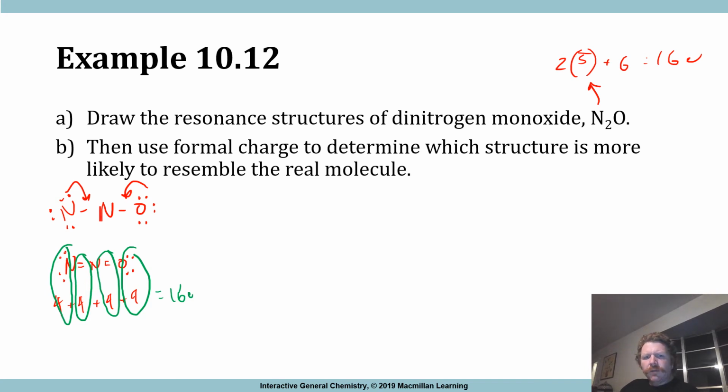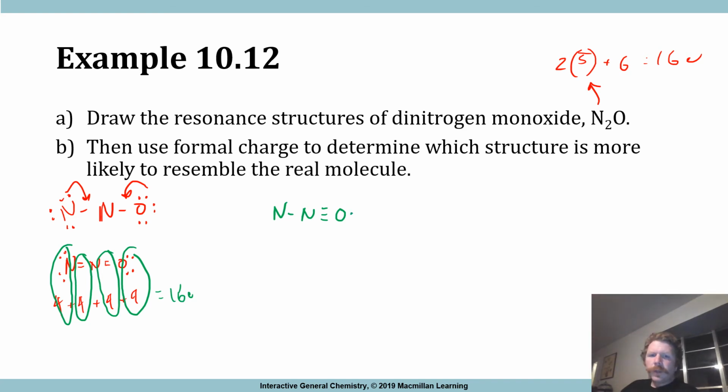That's all good and well, and that's one reasonable way to draw this molecule, but following a little bit of a different idea, let's see if we could position things a little bit differently. Here what I've done is I drew 1 shared pair of electrons between my 2 nitrogens, and 3 shared pairs of electrons between my central nitrogen and my oxygen. Now let's complete our octets. My central nitrogen has a complete octet.